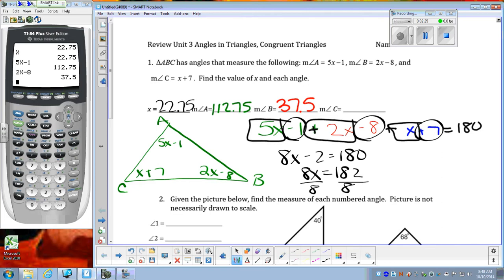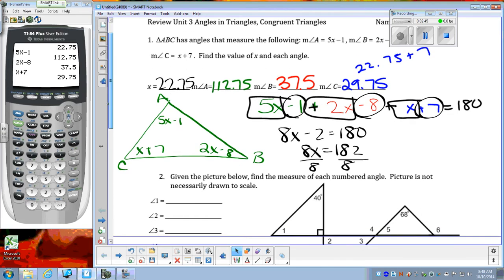And C is x plus 7 to give us 29.75. Or I can plug it in and actually do it by hand. But using your calculator will help you, and you use whatever help you can find.